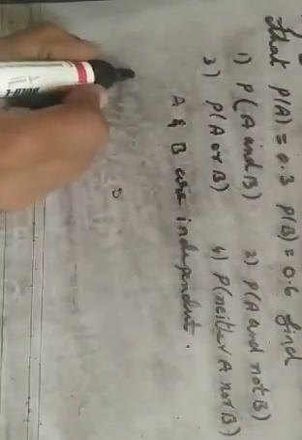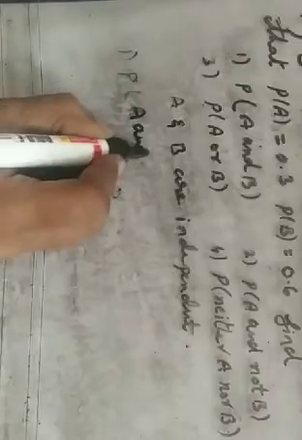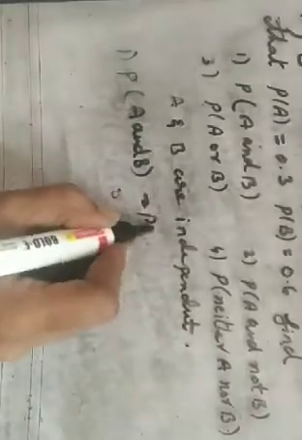So first one, P of A and B, symbol A intersection B, is equal to P of A into P of B. What is P of A? 0.3 into 0.6, which is nothing but 0.18.